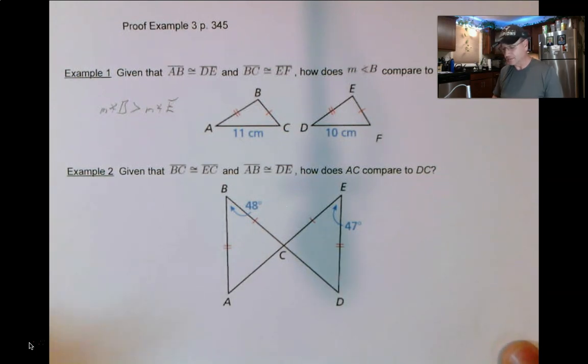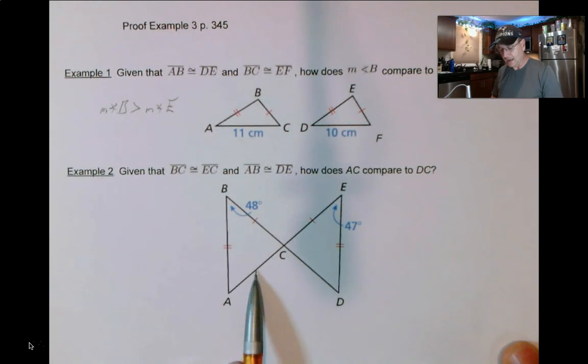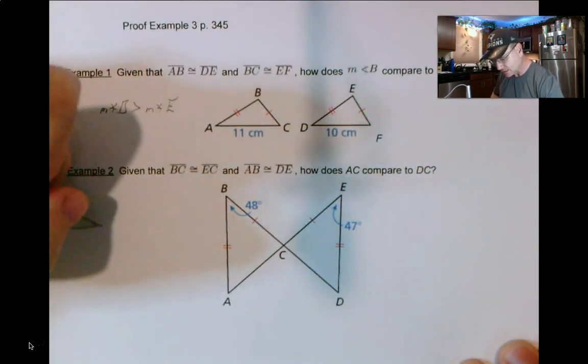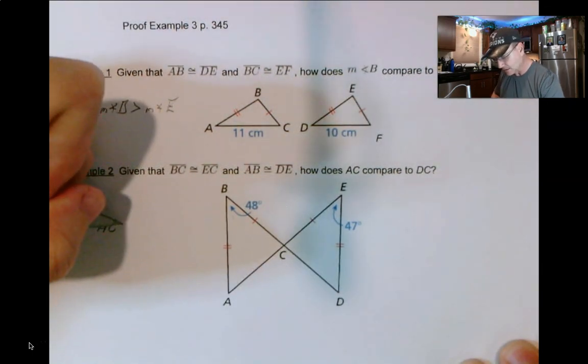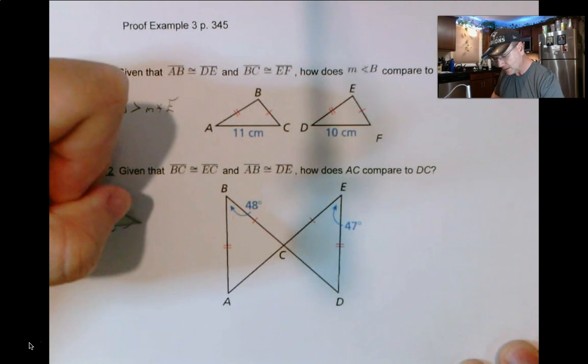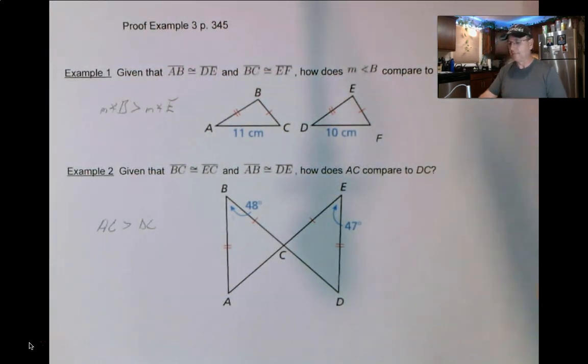We have the converse of the Hinge theorem going on. And segment AC, being opposite the bigger angle, has to be longer than segment CD. So the measure of segment AC, notice I'm using the proper notation, is greater than the measure of segment CD.